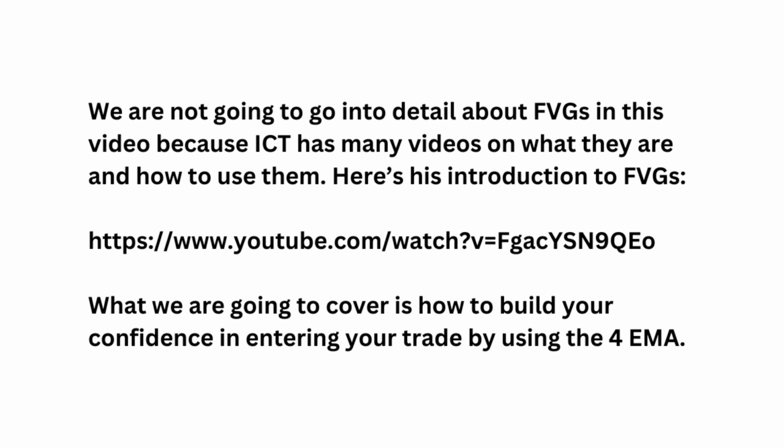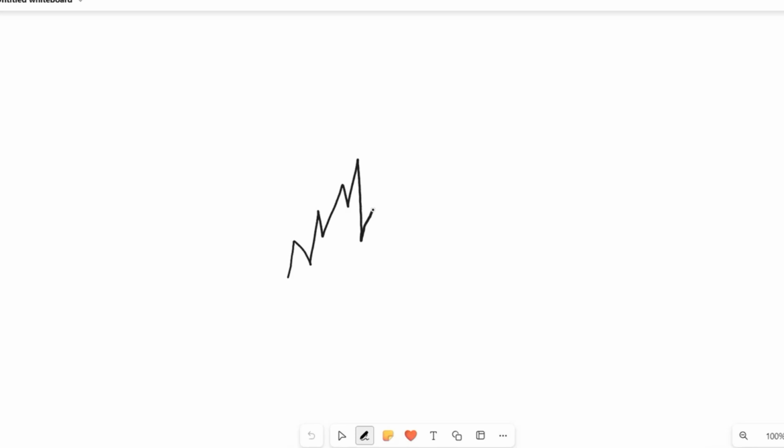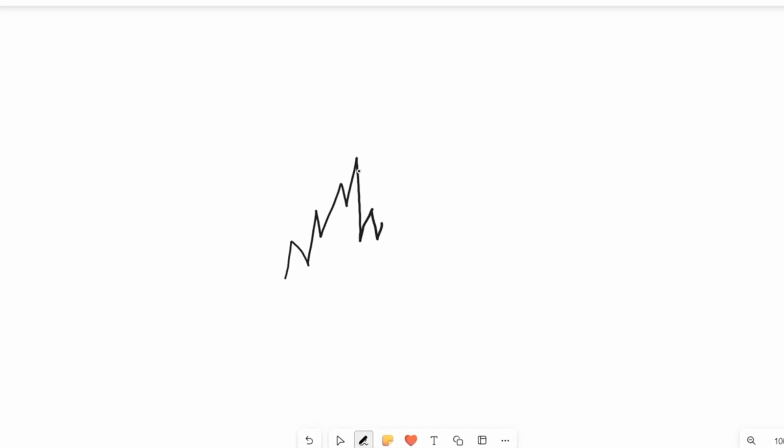Here's what a fair value gap looks like. Price moves up, and then there's a break of structure. Then price moves to the upside and then creates a gap between this level and this level.